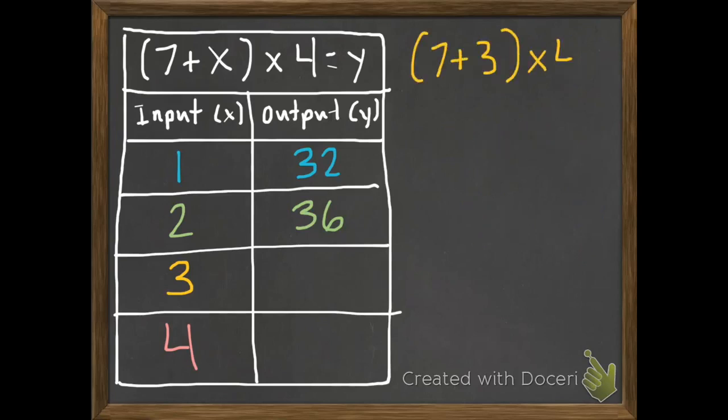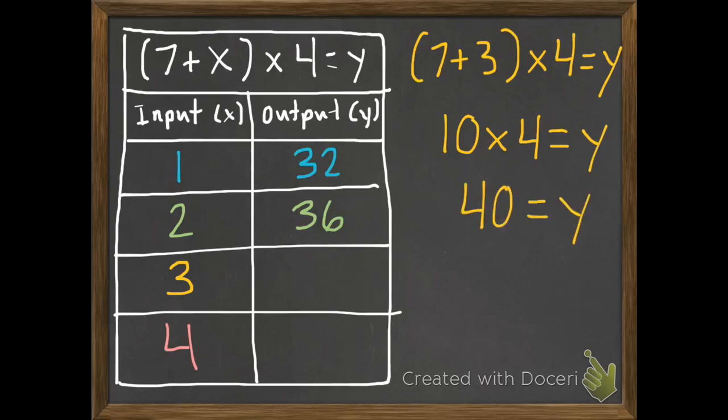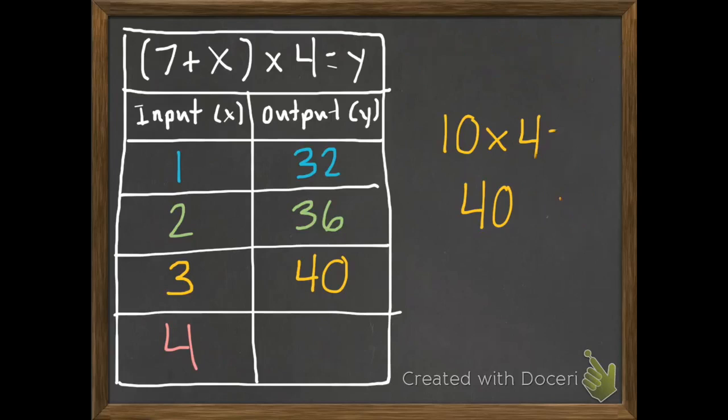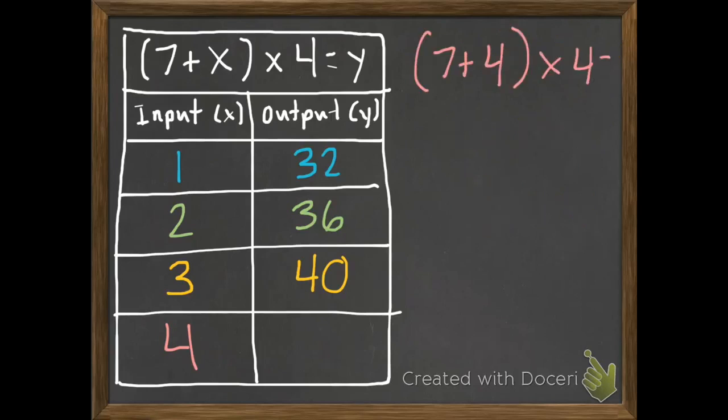Now we put in our 3 for x. 7 plus 3 times 4. 7 plus 3 is 10. 10 times 4 is 40. And we got 40. And last of all, we have our input of 4.